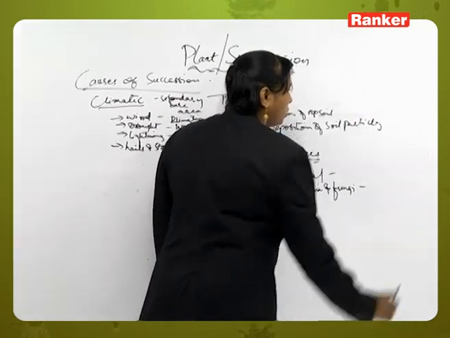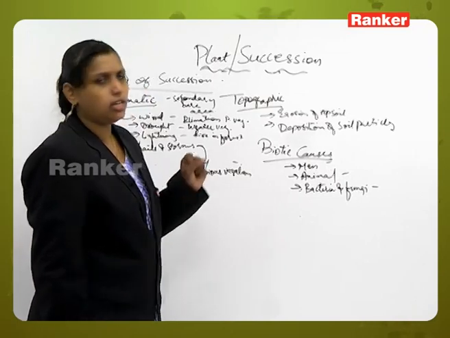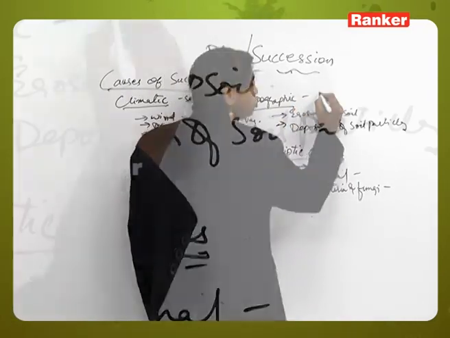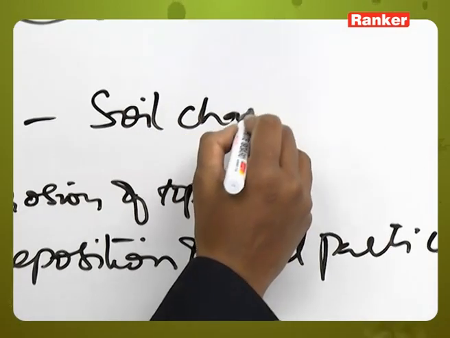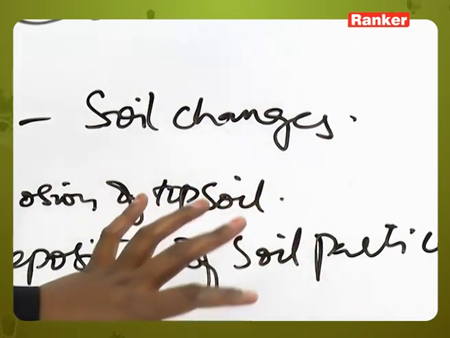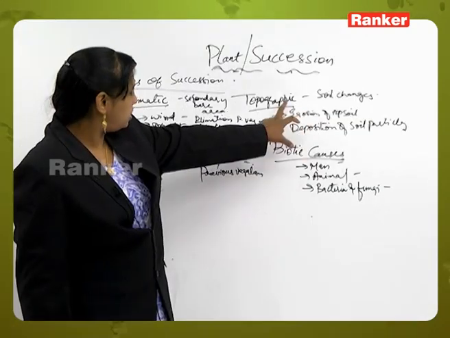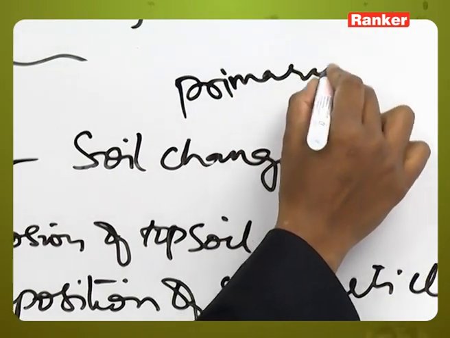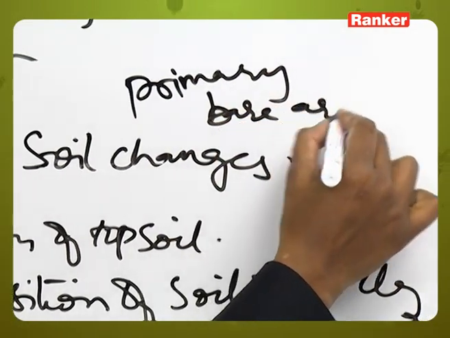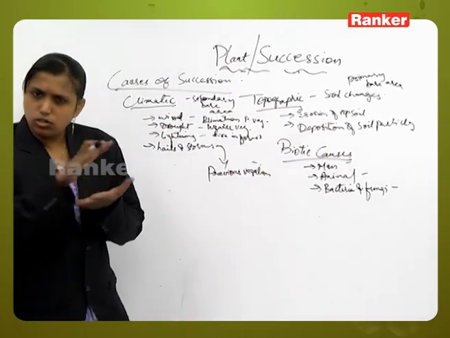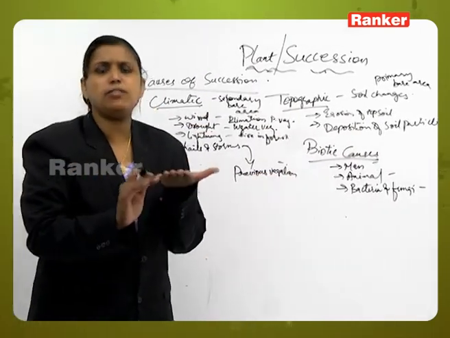Topographic factors, as the name itself indicates, are concerned with changes in the soil, any type of modification occurring in the soil. This type of process mostly produces the primary bare area. Because of excess flood and excess rain, the base area will be flooded away.